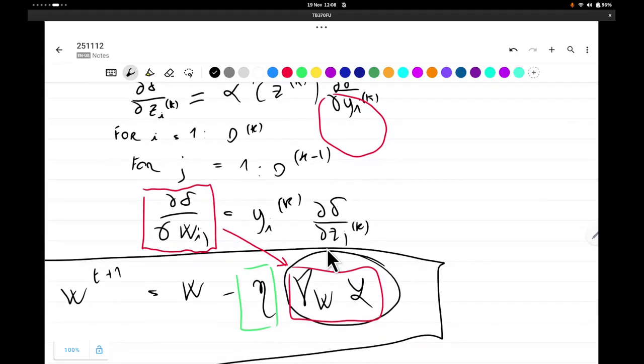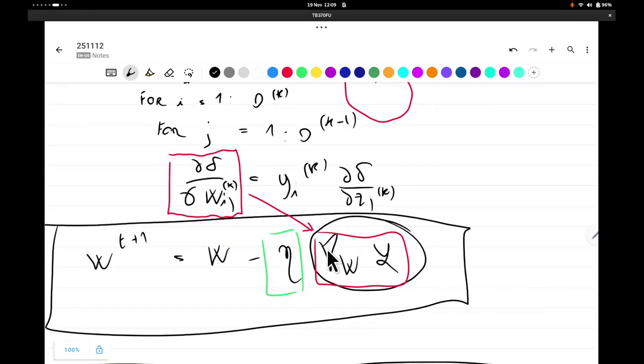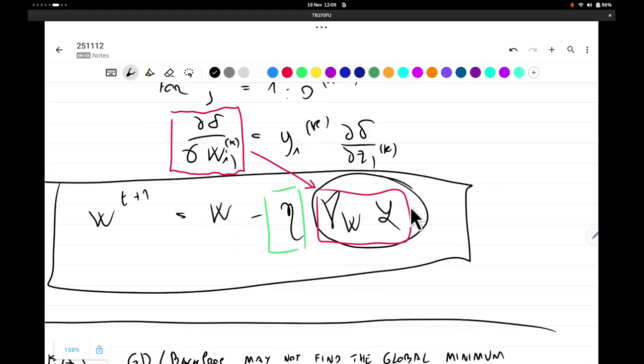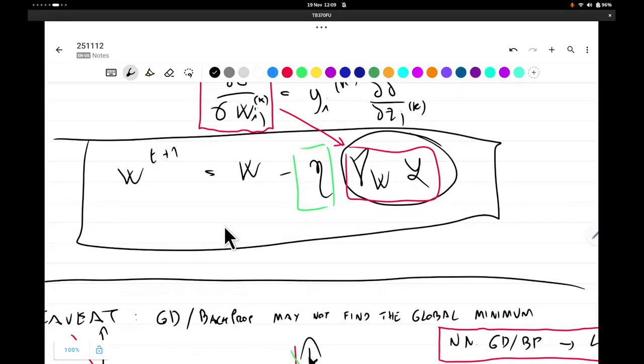When we have done this, I keep forgetting the layer index, this is a k. We put it all together, and all the derivatives with respect to the weights give our derivative of the overall loss function with respect to the weights, and then we can do the update. So this is our backpropagation algorithm with gradient descent.